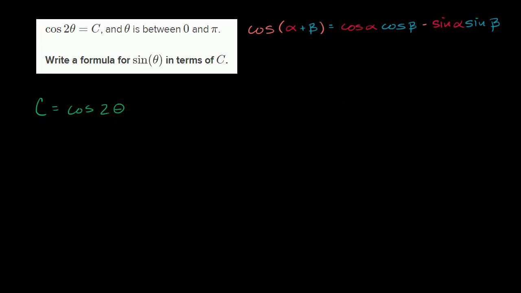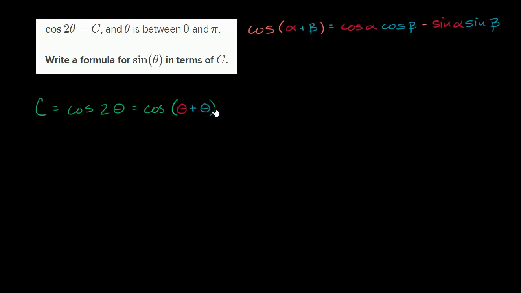So I can rewrite cosine of 2 theta. That's the same thing as cosine of theta plus theta. Cosine of theta plus theta is, of course, the same thing as 2 theta. And now I can use the angle addition formula for cosine.